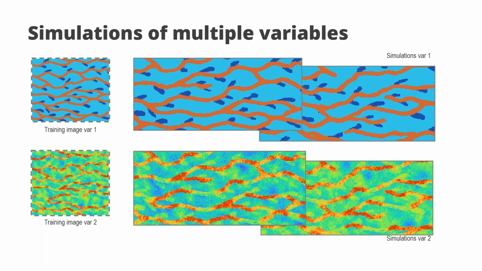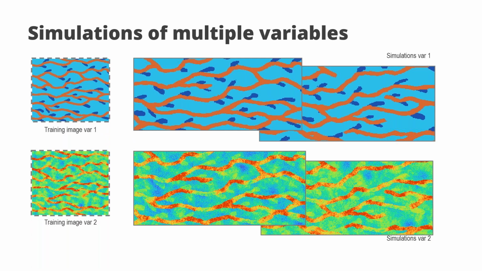So we have different simulation for each variable. So we work like that with collocated variables in the training image and also in the simulation grid. So we specify in this case for each variable independently 3 parameters: the distance type, the pattern geometry and the size to define the number of neighbors, and also the threshold.